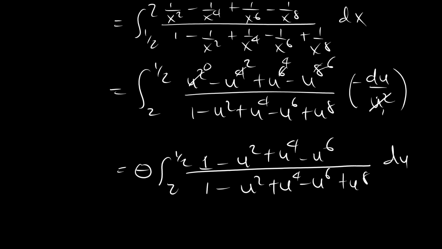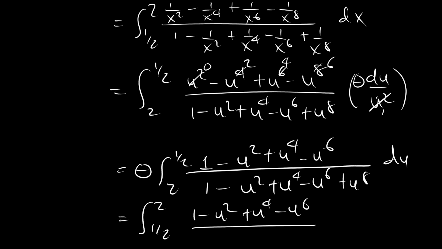So this minus sign has come from here, and it allows us now to invert the limit. So we have from a half to 2 of 1 minus u squared plus u to the 4th, so u to the 6th, over 1 minus u squared plus u to the 4th minus u to the 6th plus u to the 8th.